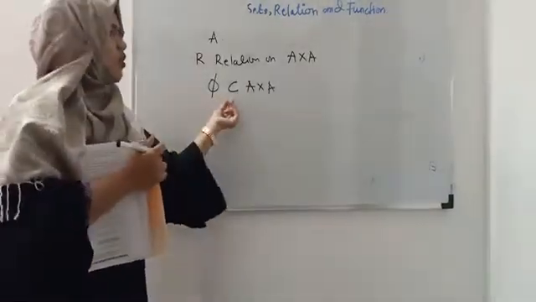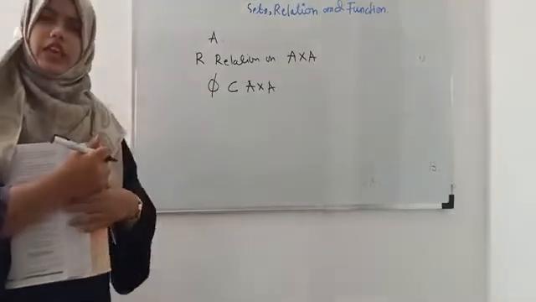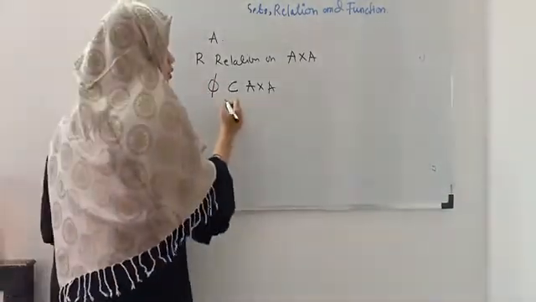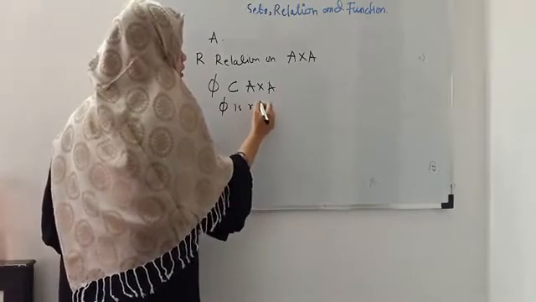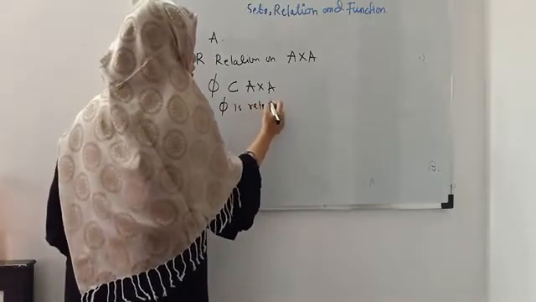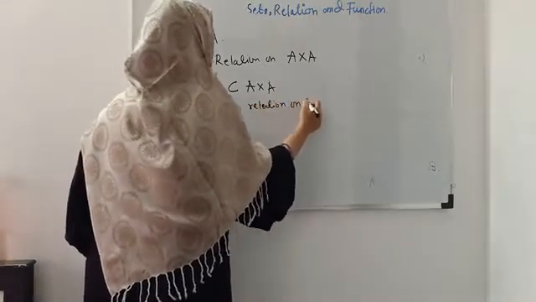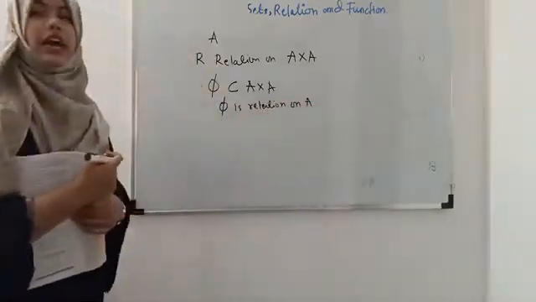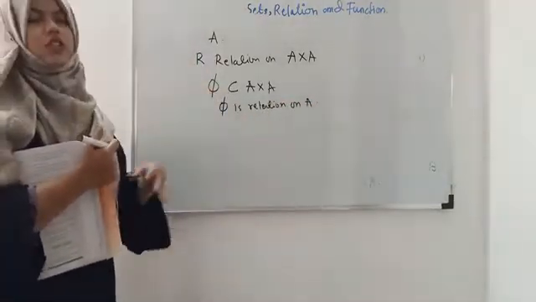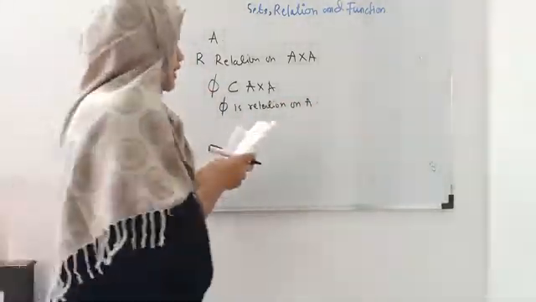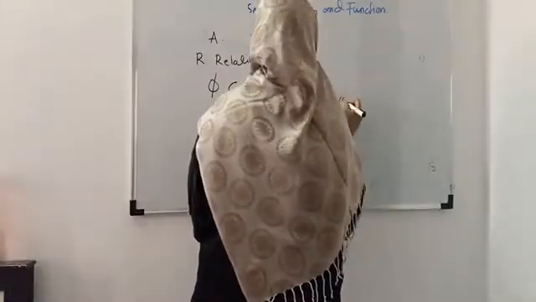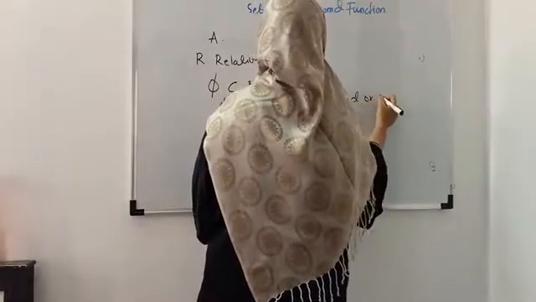So phi is always a subset of A cross A. Therefore phi is a relation on A, and this type of relation is called a void or empty relation.